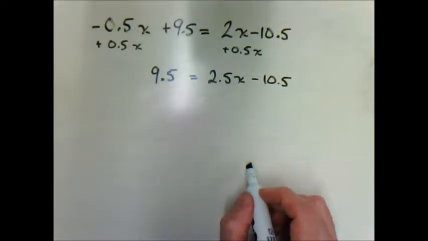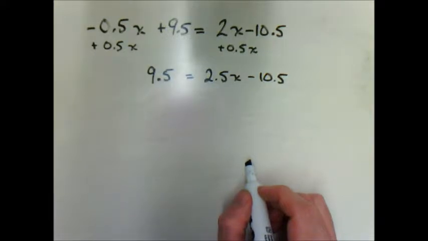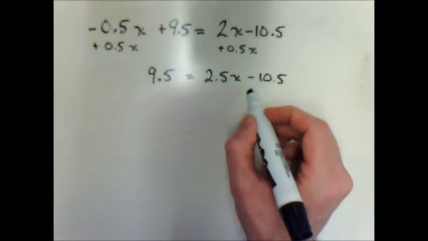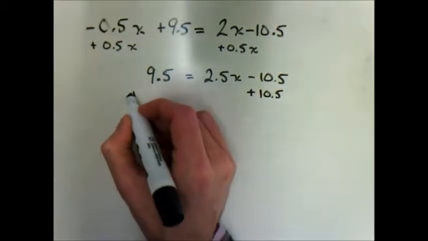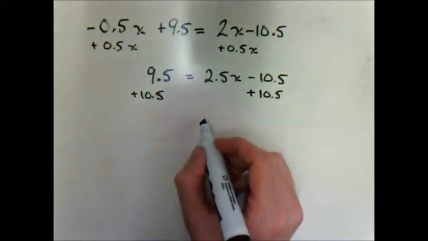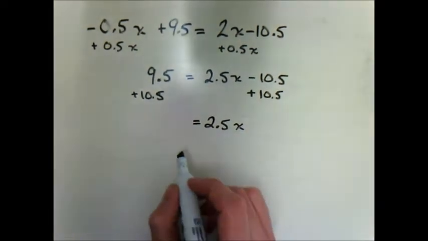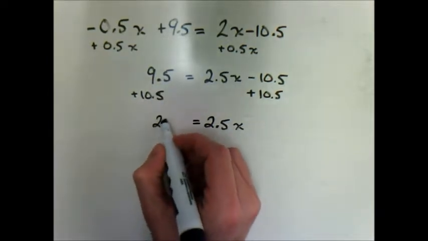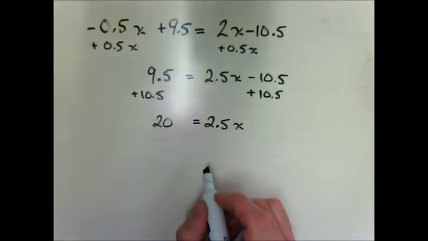Now what do I want to do, Mel? Yeah, I'm going to add 10.5 to both sides in order to get rid of it on the right side and isolate my variable. So we'll have 2.5x on the right, and we will have 20 on the left. Next step, Stephanie?